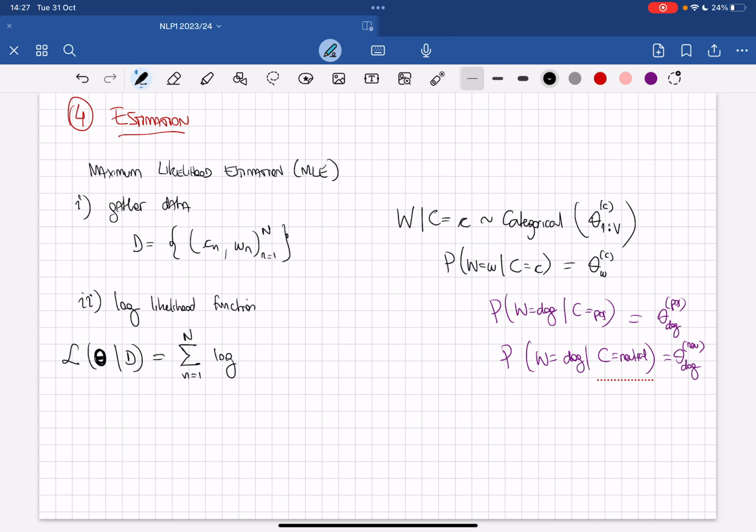So in this case, for each of the contexts, we have a parameter for the word, and the logarithm of that probability is added together. That makes the log likelihood function of the parameter value.